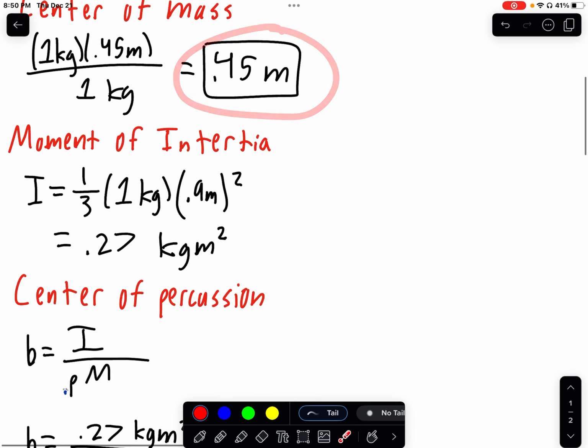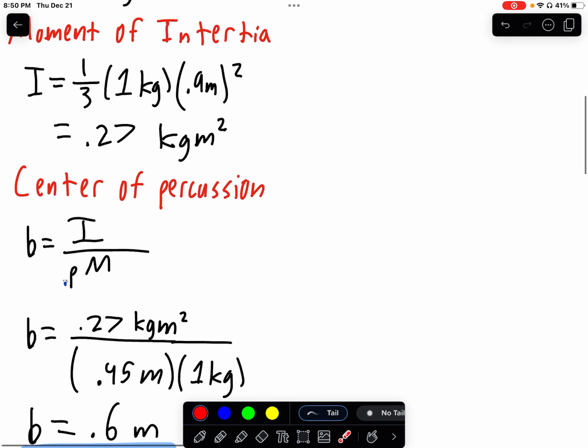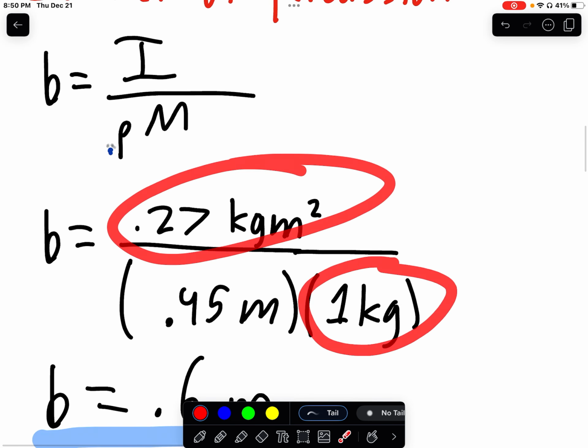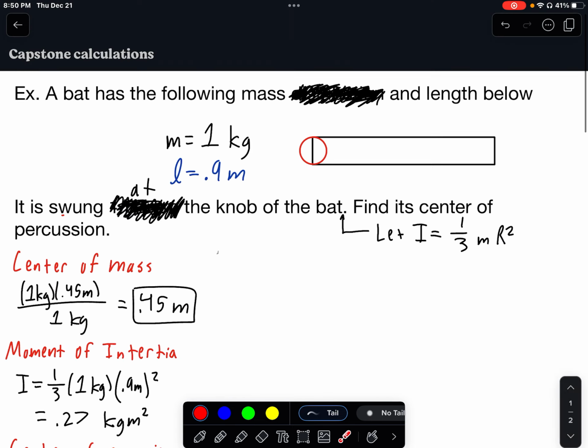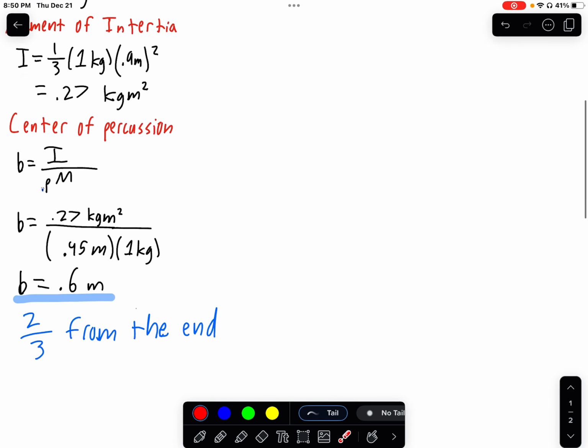Moment of inertia, we plug in our values for mass and length to get that. Center of percussion, we have moment of inertia, plug that in. We have mass, plug that in. And the distance from the pivot point to the center of mass would just be L over 2, so 0.9 meters over 2.